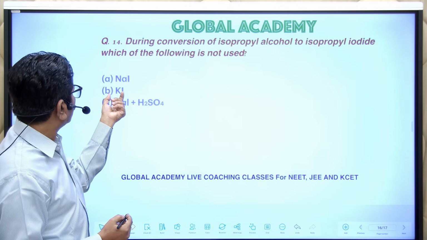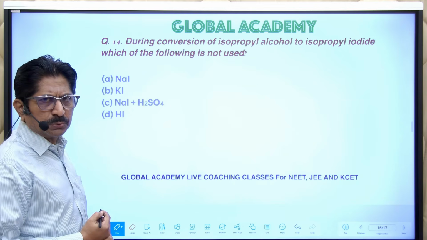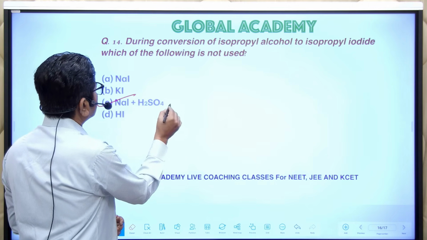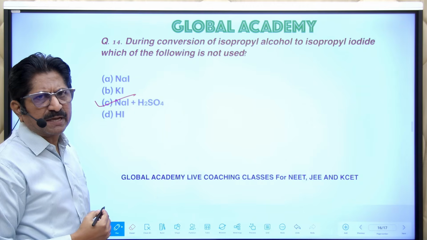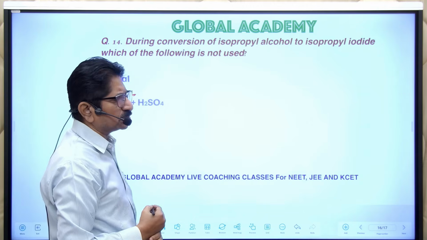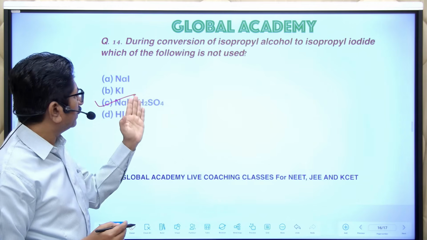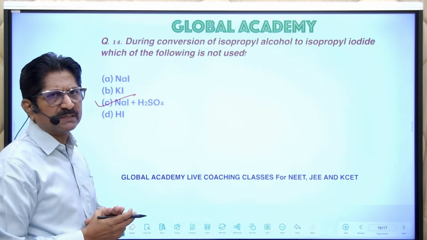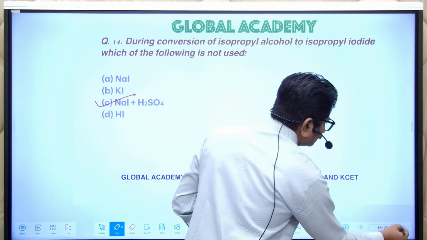Sodium iodide, potassium iodide, and hydrogen iodide are all used, but the one which is not used is C, sodium iodide with sulfuric acid. It is not used in the preparation of iodide from propyl alcohol because sulfuric acid is a strong oxidizing agent here.